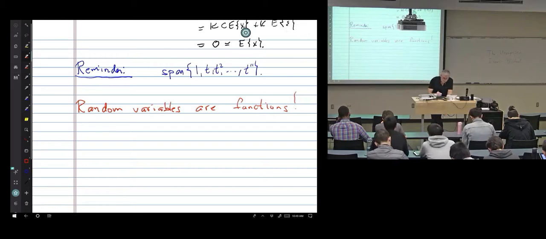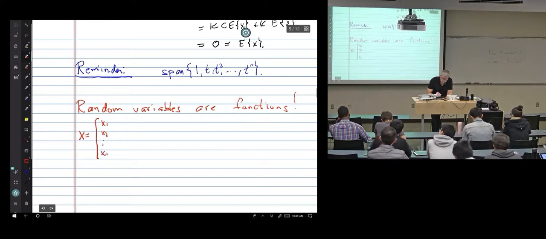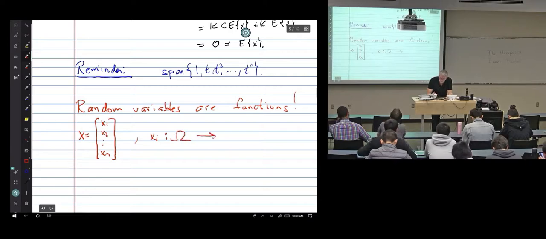Okay, so if I have x, and I'm going to write it as little x's, and this is the only problem where we tend to do that. Each of these random variables is mapping a probability space into the real numbers.